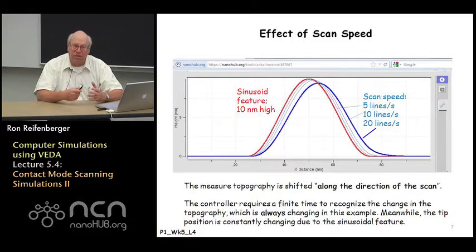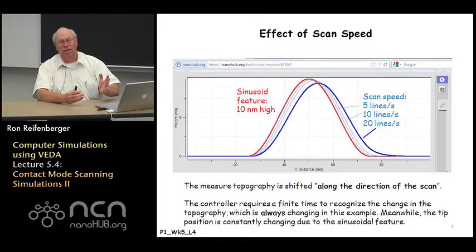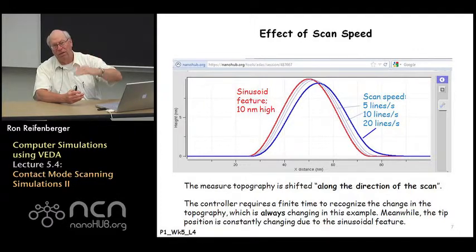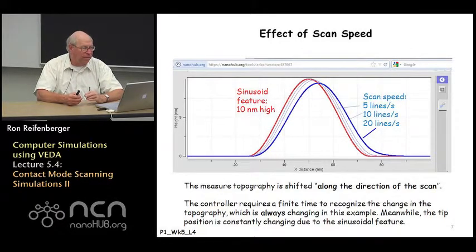So basically what's happening is that the tip motion is always being adjusted to try to track the sinusoidal variation in height. But the topography is always changing. So the tip really never catches up, right? And as a result, you've got these distortions in the topographic image.